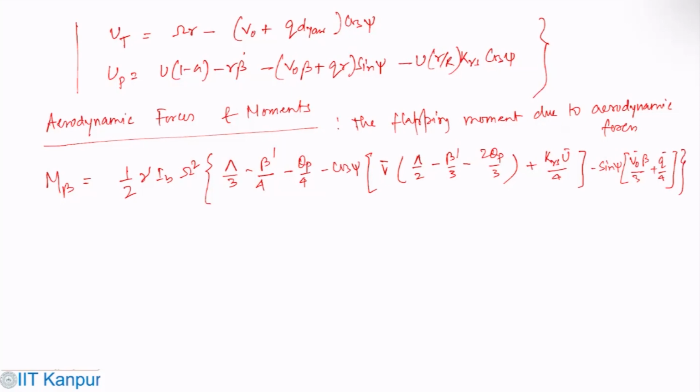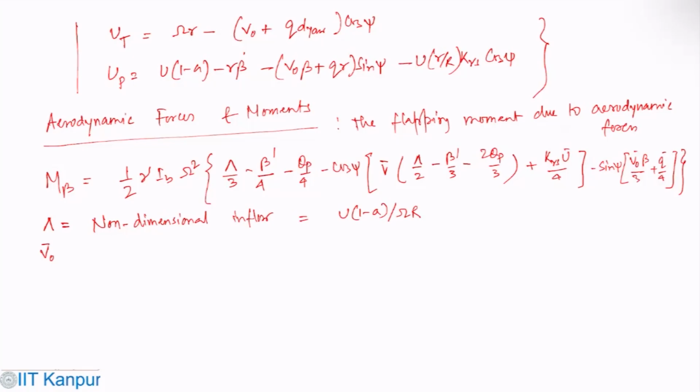So here, this is the non-dimensional inflow, which is given as U into 1 minus a by r omega.